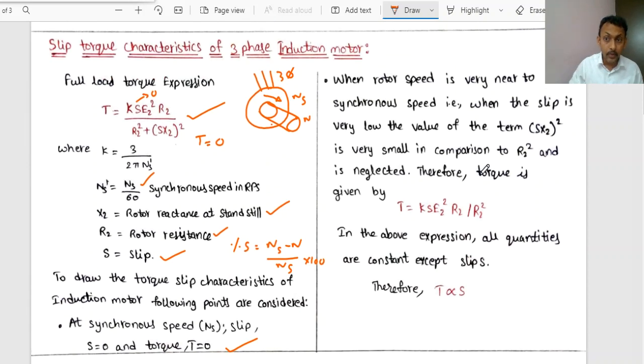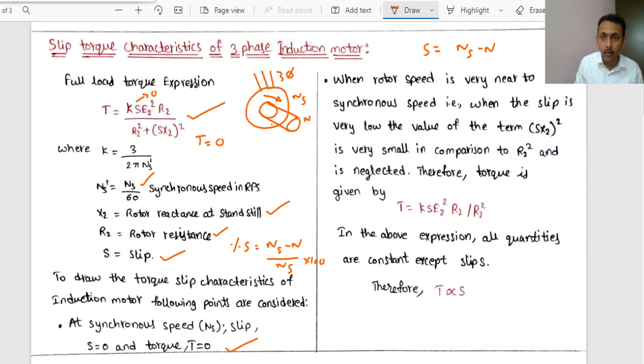But when the rotor speed is very much nearer to the synchronous speed, that means it is not equal to synchronous speed but a little bit lower than the synchronous speed, then what happens? Ns minus N, the value of slip, will be low. The value of slip will be low, but not equal to 0.